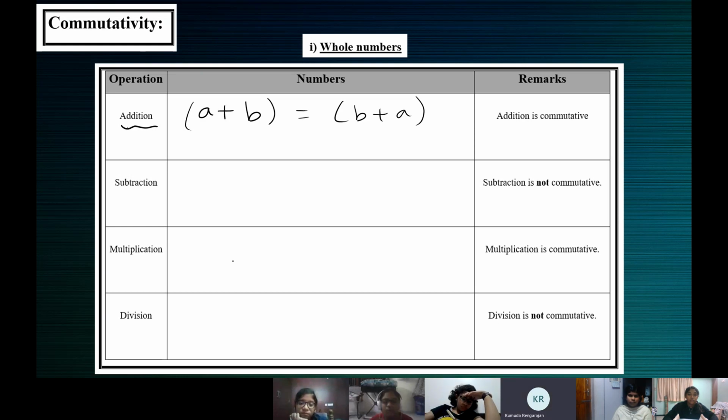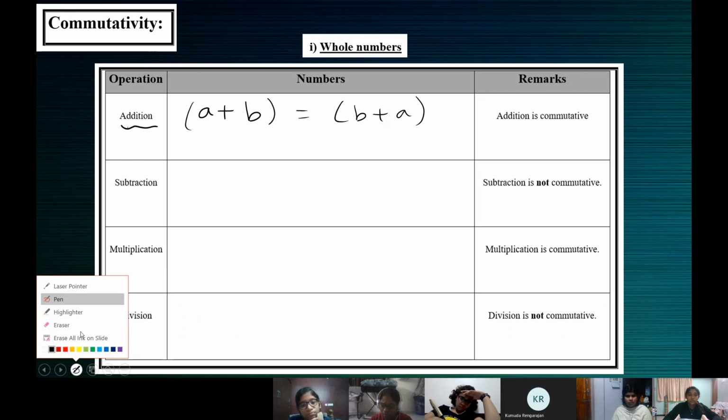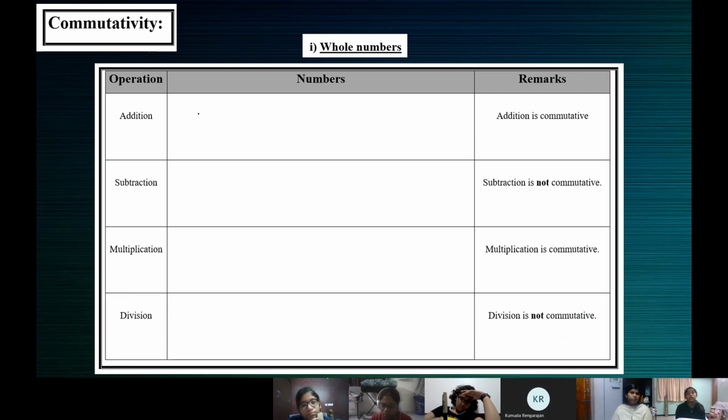In commutativity, when you add two whole numbers in any order, the result is the same. Let me write it again. When you consider two whole numbers, A and B, you find A plus B. You got some answer.